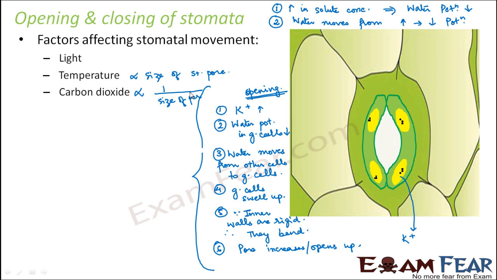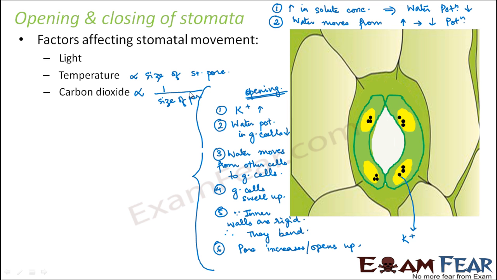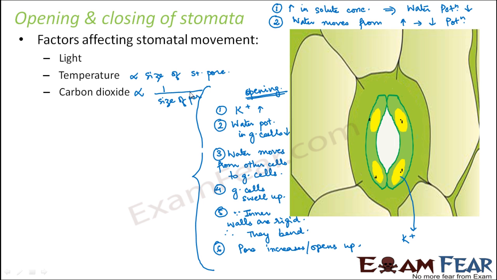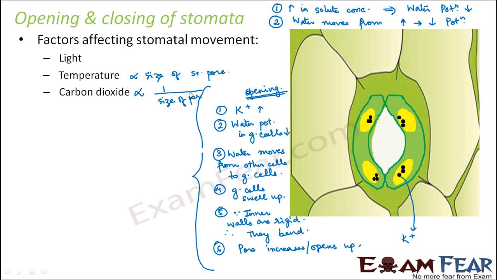That means as the concentration of carbon dioxide increases, the size of the stomatal pore decreases. That is, as carbon dioxide concentration increases, the stomatal pore gets closed, and as the concentration of carbon dioxide decreases, the stomatal pore opens up.